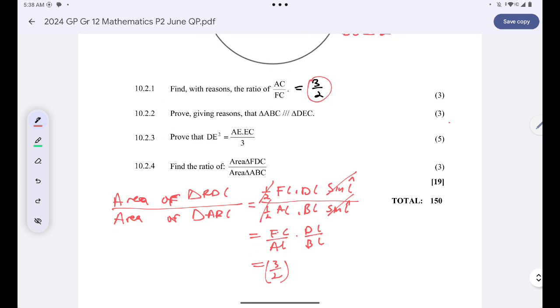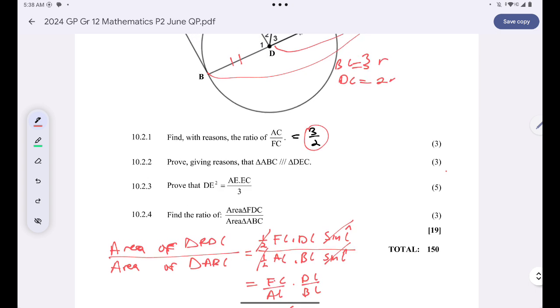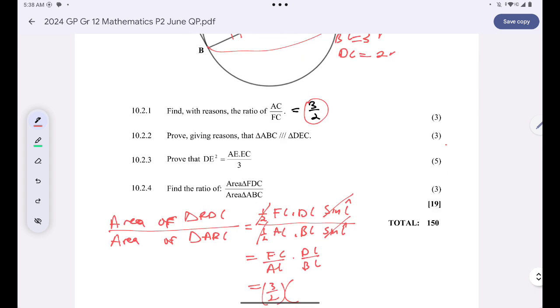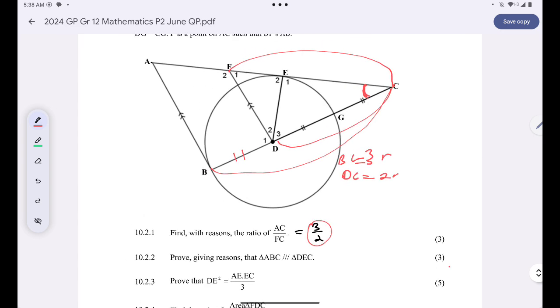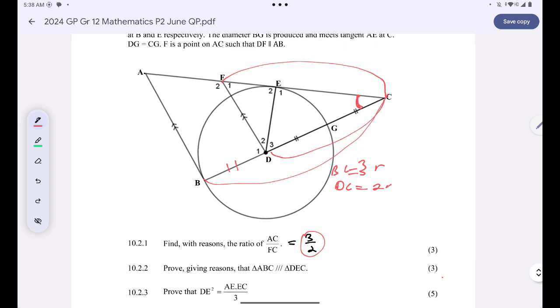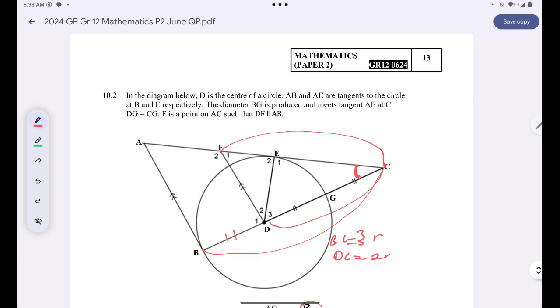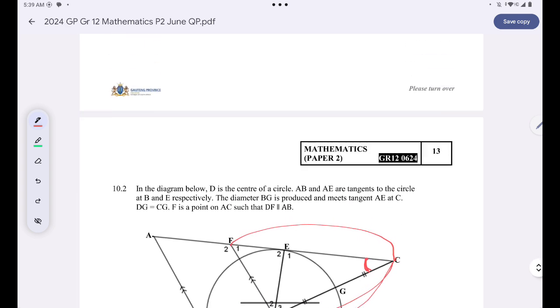So if you divide the two as well, DC and BC, you'll get 3 over 2 as well altogether, and then you'll get 9 over 4 as your ratio. This is the ratio of the areas, guys, altogether. I hope this thing makes sense, guys.